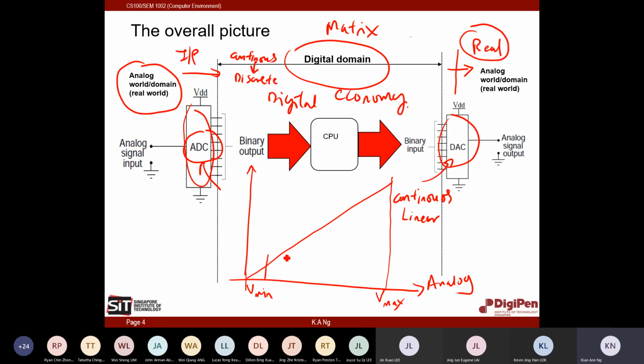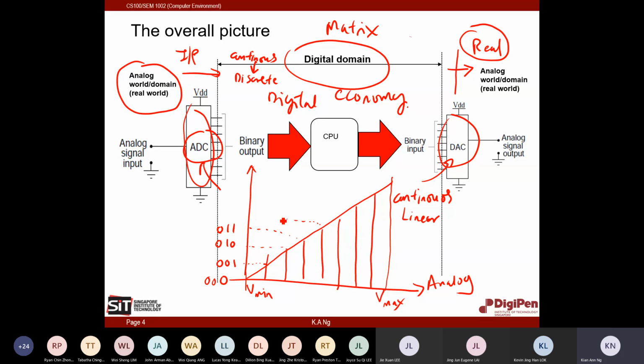We will chop up the signal range into 8 distinct steps: 1, 2, 3, 4, 5, 6, 7, 8. Then we can map it to a digital signal step. Suppose this is 0, 0, 0. This will be 0, 0, 1 for 3 bits, then 0, 1, 0, then 0, 1, 1.